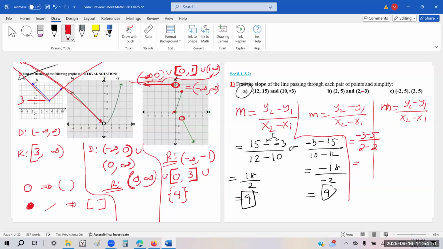So we have what over what? Negative 8 over 0. And now if you divide, can you divide negative 8 into 0 pieces? No. Undefined. It doesn't exist.